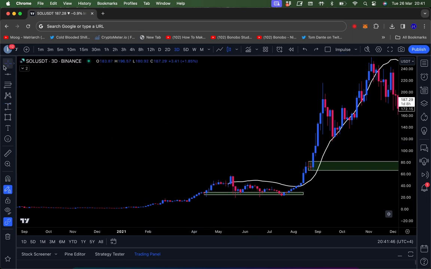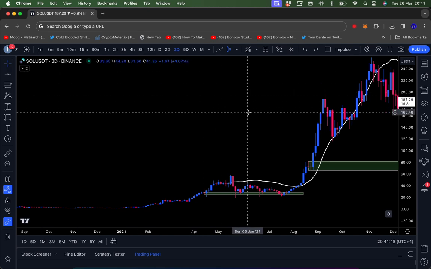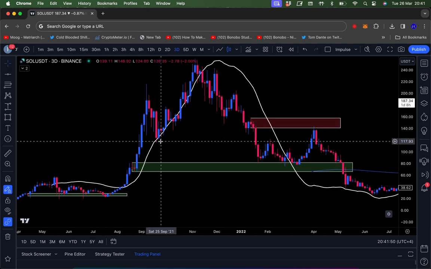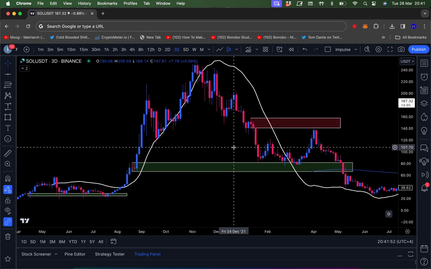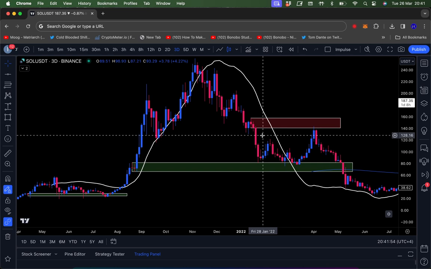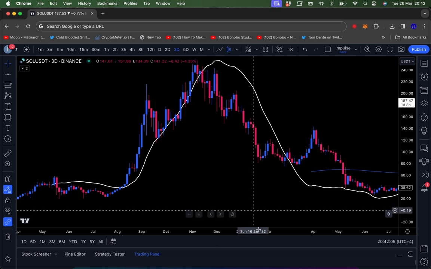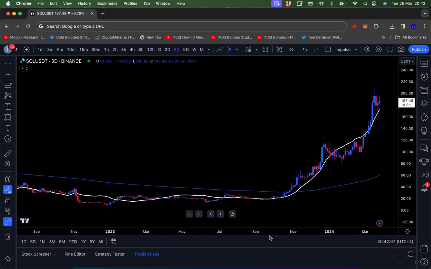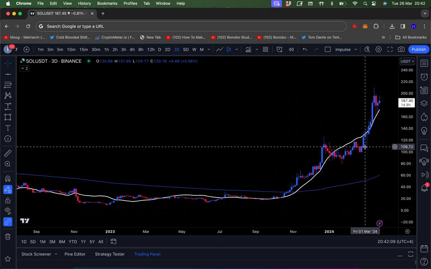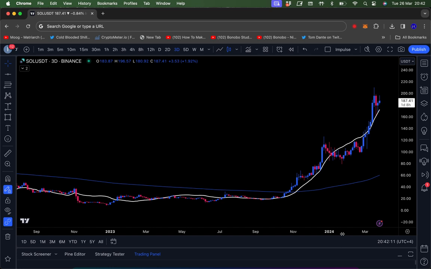But that's something to always keep in mind when trading higher time frames like the 3 daily. These demand zones can be very beneficial to your trading, and you can pretty much build a trade setup around it if you're looking for deeper entries once the market is overheated and is going to pull back.